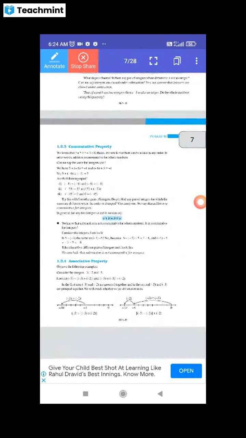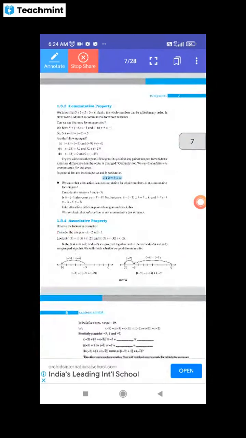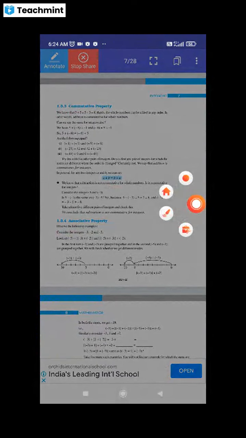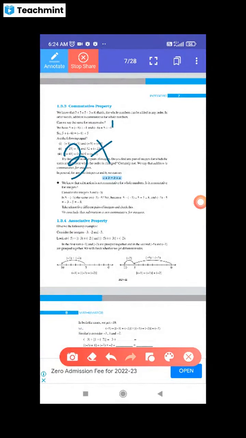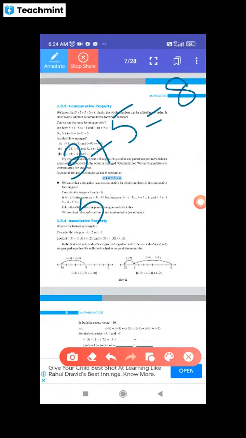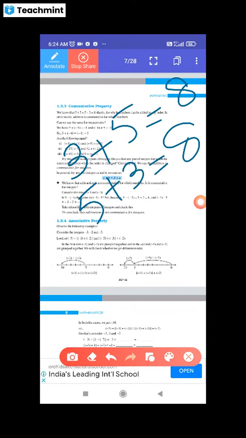Next one is commutative property. Here also we have to consider two numbers or two integers. In general, you know that 3 plus 5, what is the answer? 8. Then 5 plus 3? 8. Same answer.